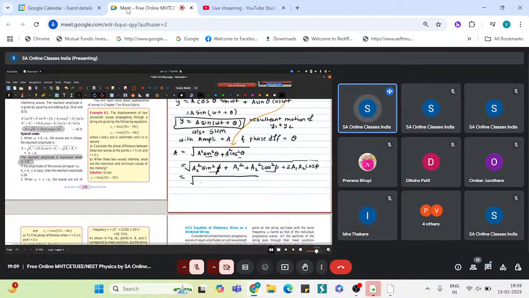So we can write this as A2 square plus A1 square plus 2 A1 A2 cos phi, and this is going to be the resultant displacement in case of superposition. I will just highlight this.